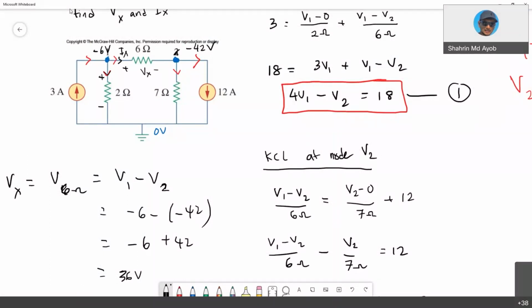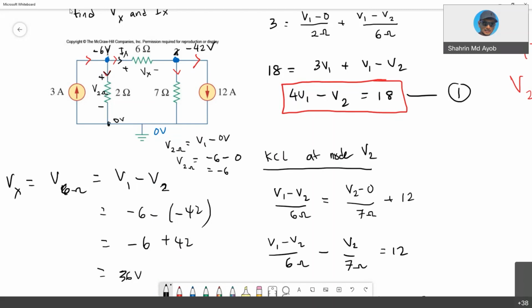So the voltage across the resistor is V1 minus 0 voltage, which is -6 minus 0, which is -6.